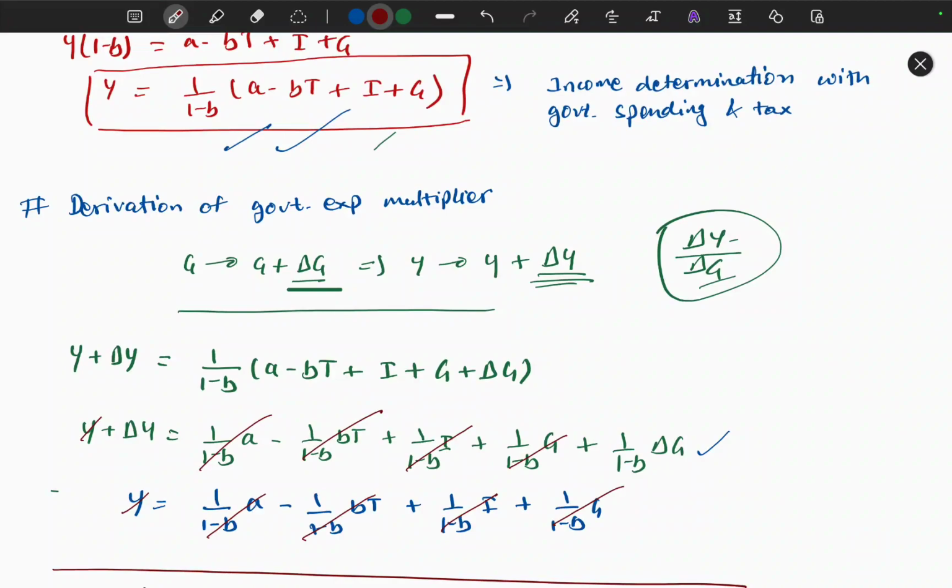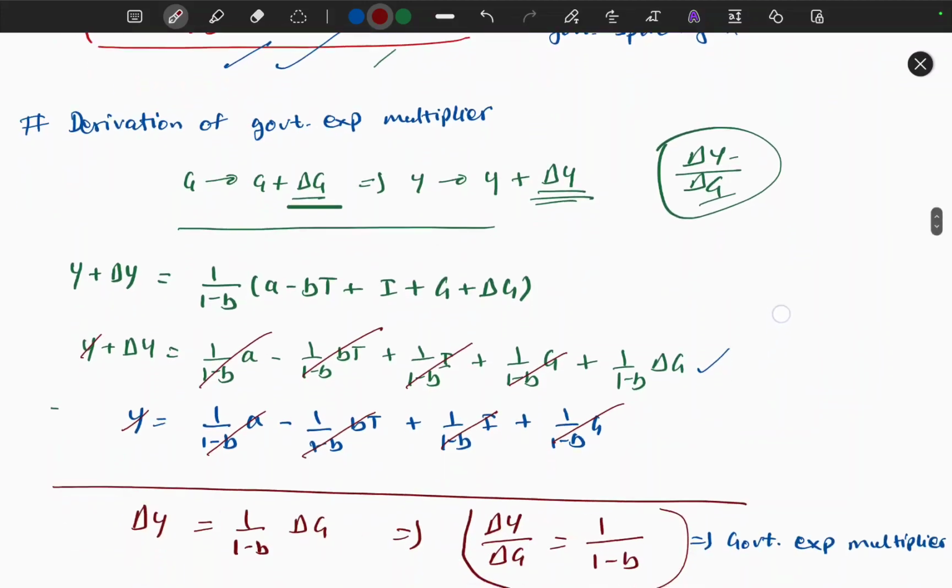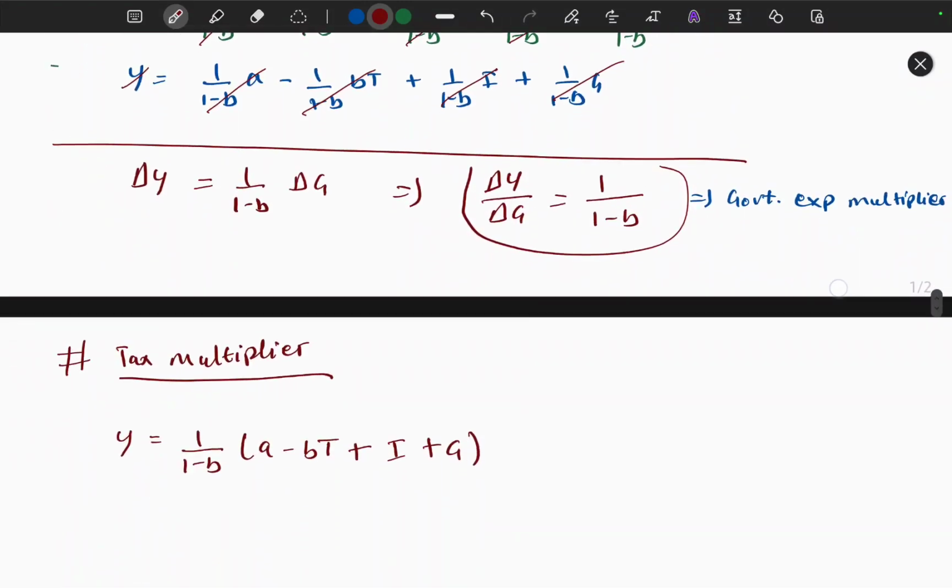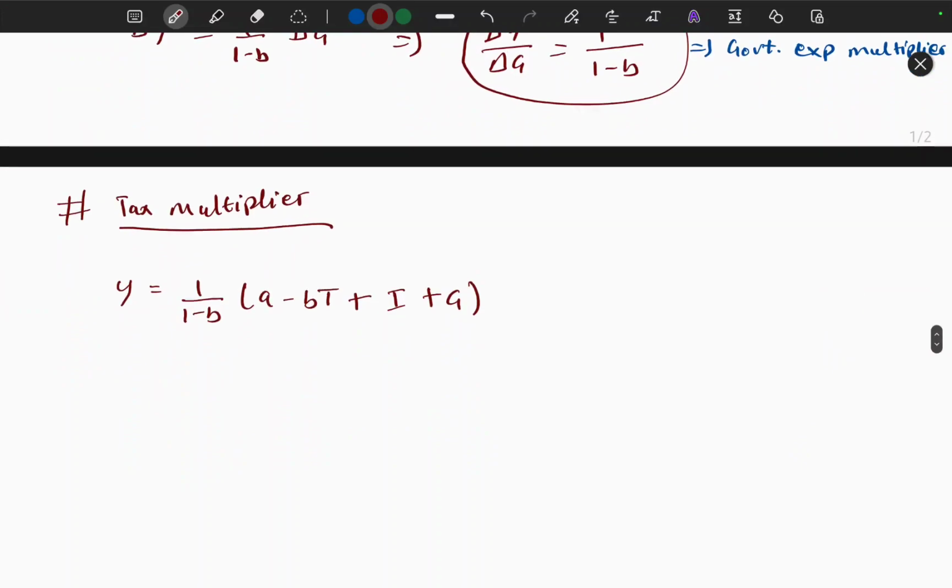In the government expenditure multiplier, we increased G, that is government expenditure, by a certain amount, which will of course cause some increment in national income. Here we will do the same process.